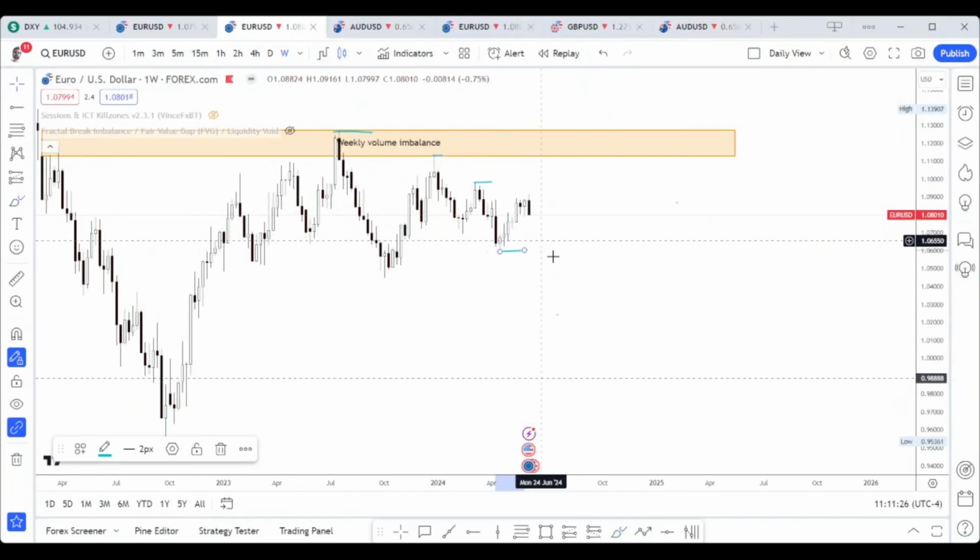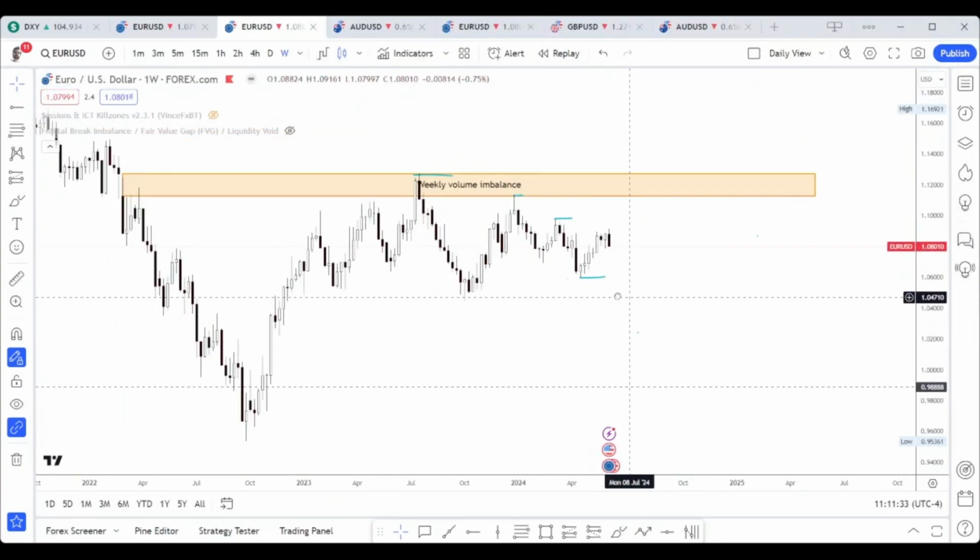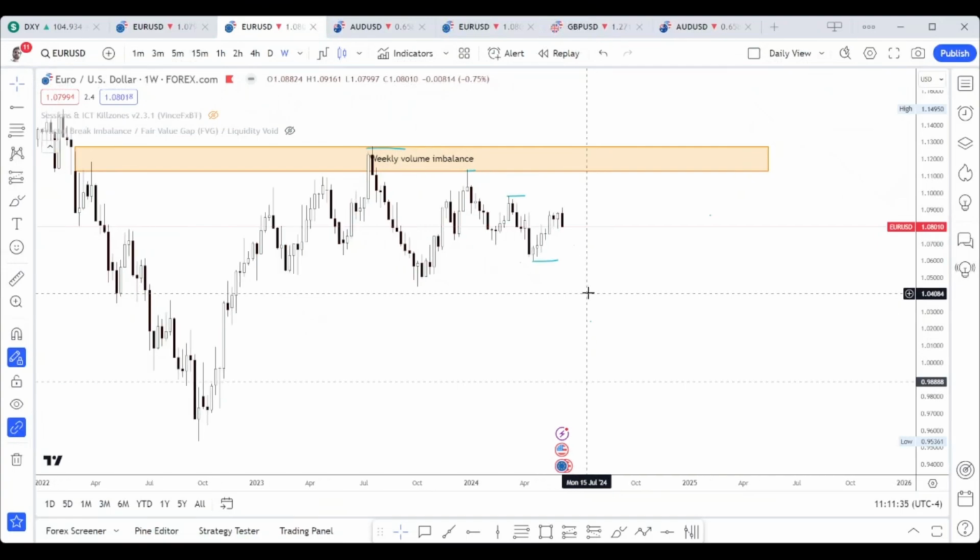If it does come down and take out this low, that means I probably need some more work and need to rethink my weekly buys. But until then, this low would stay intact, and the highs, this one and this one, are at more risk of being taken out.